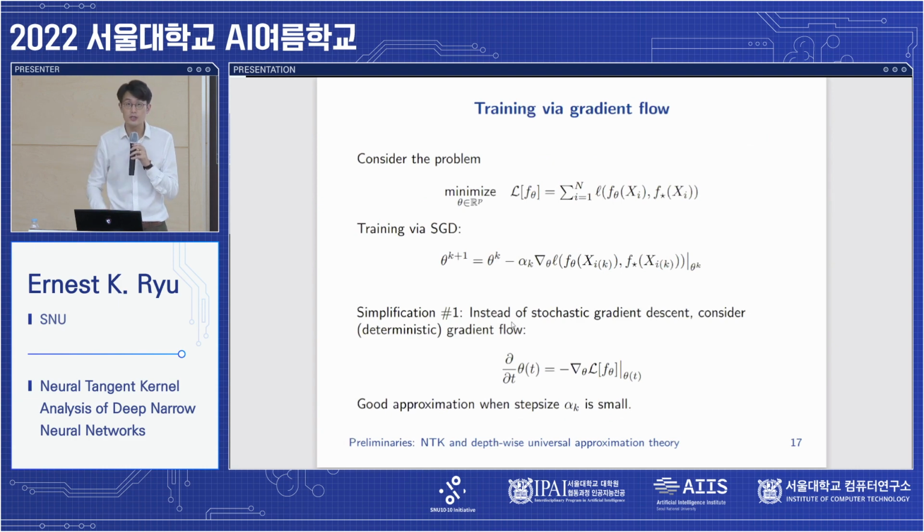The first simplification is that instead of considering stochastic gradient descent, we'll consider gradient flow. And gradient flow considers the training dynamics in a continuous time limit rather than a discrete time for loop. So the iteration index k is now replaced by a continuous time process. And this is a good approximation when the step size alpha is small. When the learning rate is very, very small, then we can approximate SGD via this gradient flow.